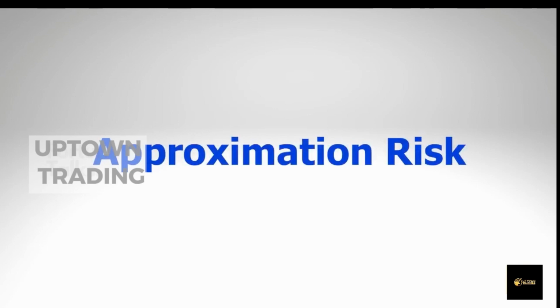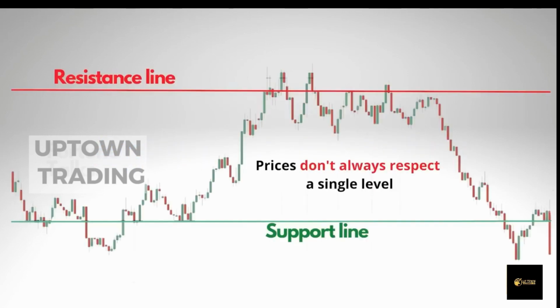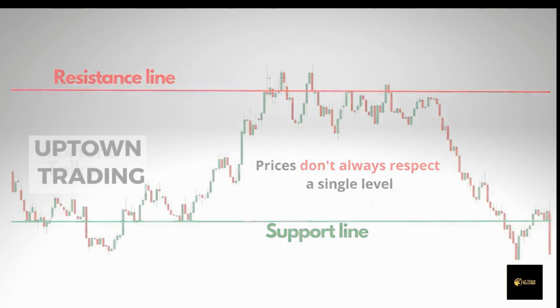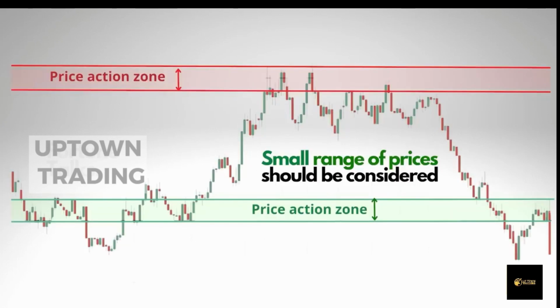Generally, when identifying the support resistance, you run into approximation risk. The thing to understand is that the market will not respect just a single price level, but rather a group of corresponding price levels or an area of prices. So hence we have to give room for error, which means that the price level should be depicted in a range and not just as a single price point.